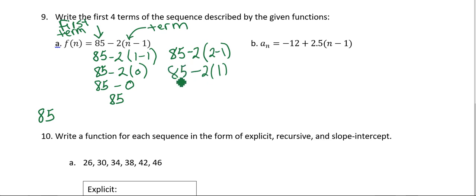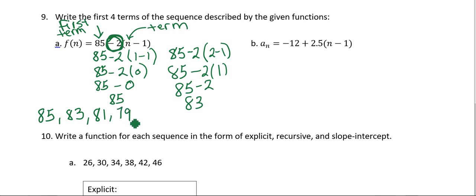So I have 85 minus 2 times 1, so 85 minus 2, and I get 83. So now I have 83 for my second term, and I can keep going, but hopefully you can see that my common difference is this negative 2, so it's going to decrease by 2 each time. So I have 81 and 79 to continue my pattern.